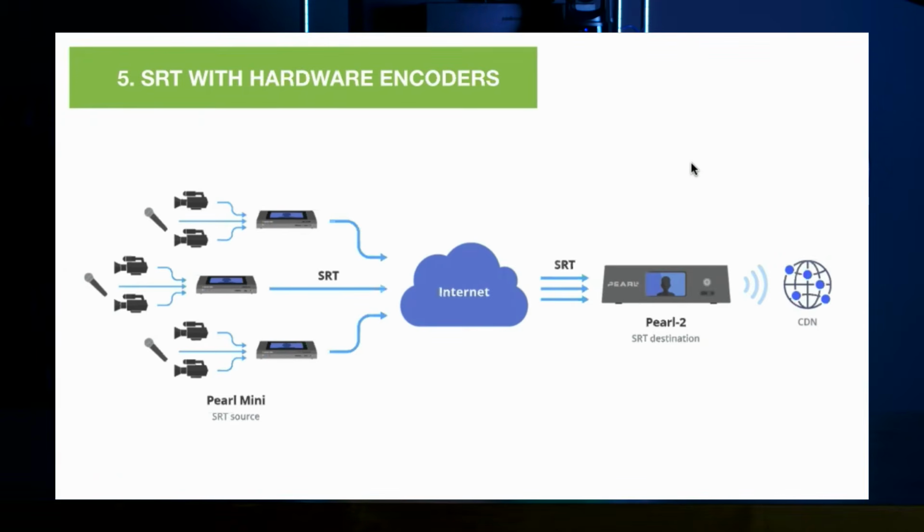So again, SRT was really built to bring that remote signal in good quality. And then we can do all the mixing and switching that normally happens in a production center with those high quality feeds that we're getting in.